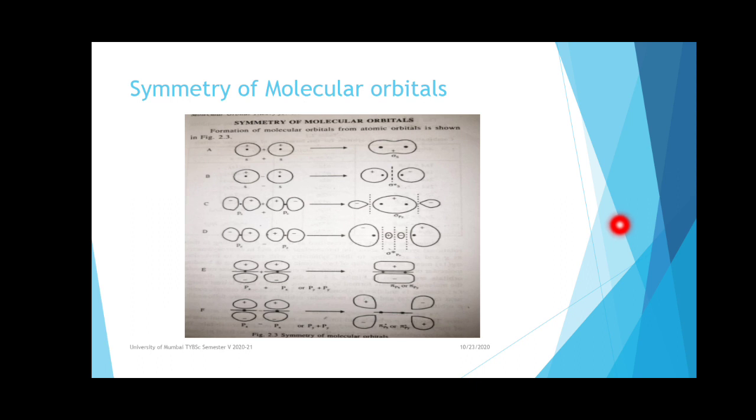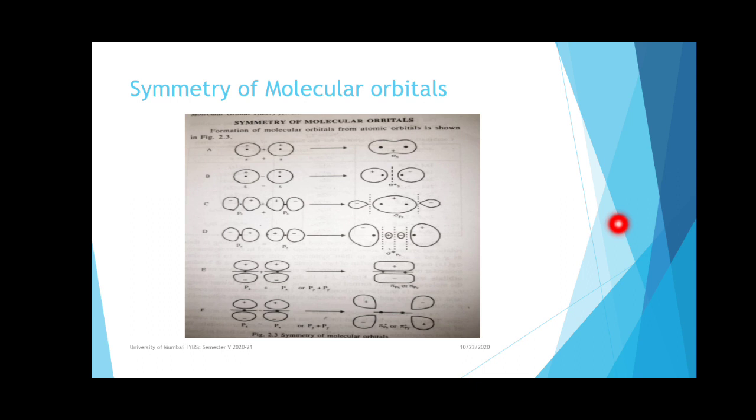Now if you see the third combination, that is two pz orbitals, because in the modern concept the z axis is considered as the internuclear axis, and therefore when a pz orbital combines with another pz orbital by addition, again there is formation of a sigma bonding pz orbital.